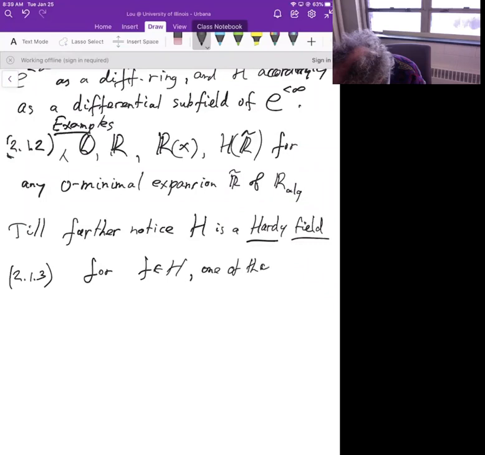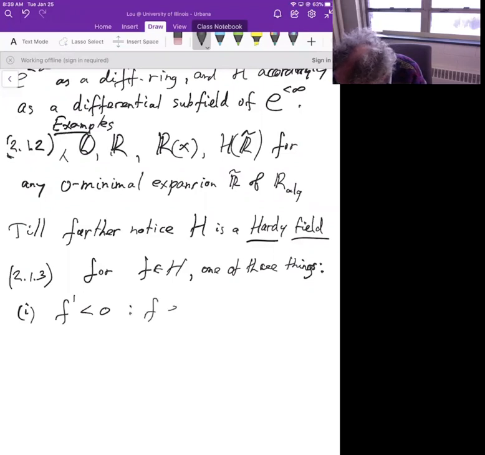First of all, its derivative could be negative. H being an ordered field, its derivative could be negative in this field. That means eventually a representative of the function will have negative derivative. So that means that f is eventually strictly decreasing.